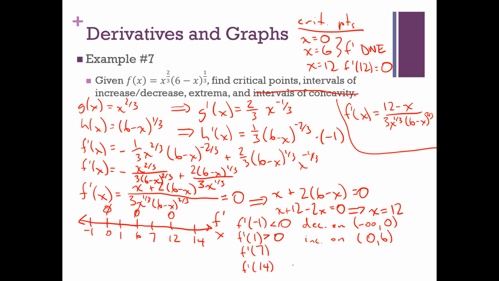Positive. Let me use a little more margin real estate to show you why. Negative 1 to the 2/3 power. Would you agree that's equal to the cube root of negative 1 and then squared? What's the cube root of negative 1? Negative 1. And squared is 1.